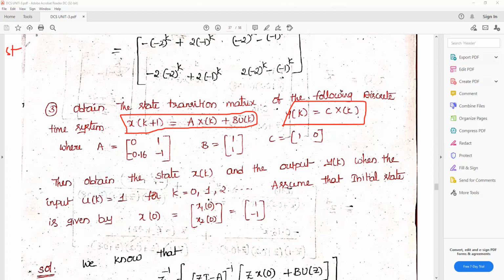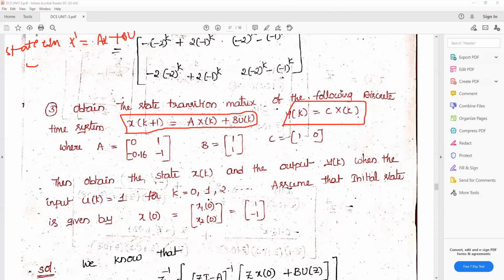The first one is the state equation. What is the state equation? x dash is equal to ax plus bu, and the output equation is y is equal to cx plus du.